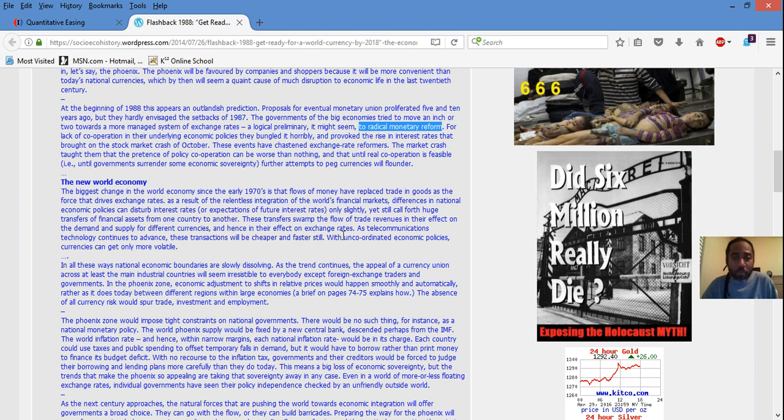These transfers swamp the flow of trade revenues in their effect on the demand and supply for different currencies, and hence in their effect on exchange rates. As telecommunication technology continues to advance, these transactions will be cheaper and faster still. With uncoordinated economic policies, currencies can get only more volatile.